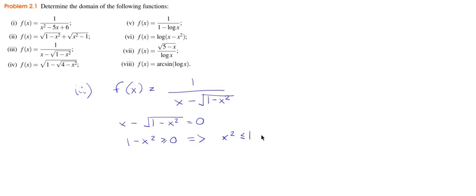And this means that x has to be in this interval, so that the domain will be contained. If we write it in set theory terms, the domain D will be contained, so that means that this symbol says that D is a subset of this interval.